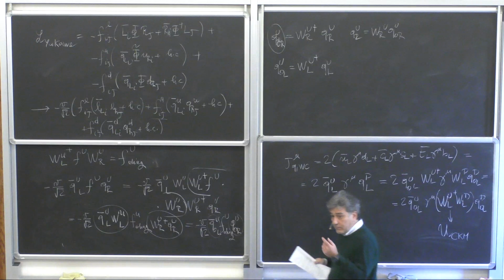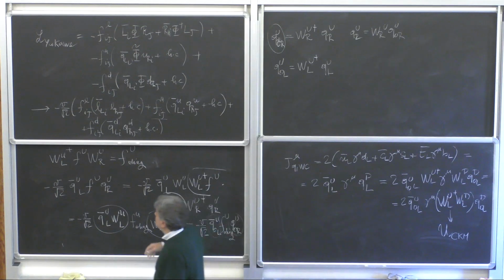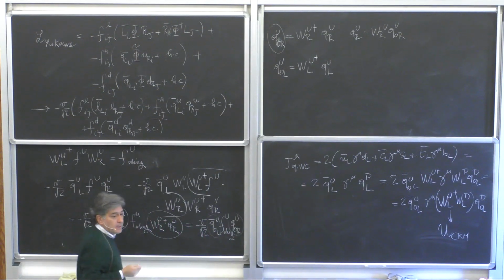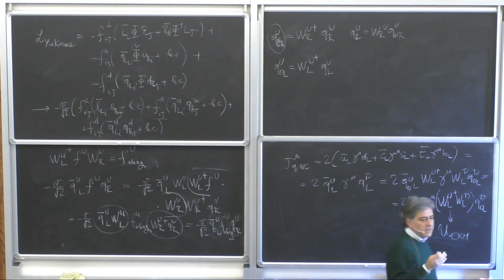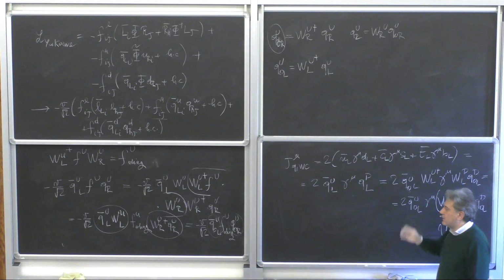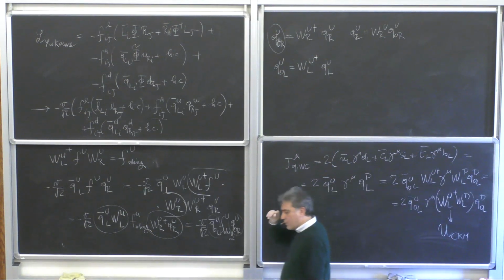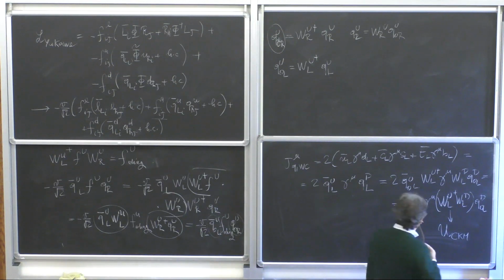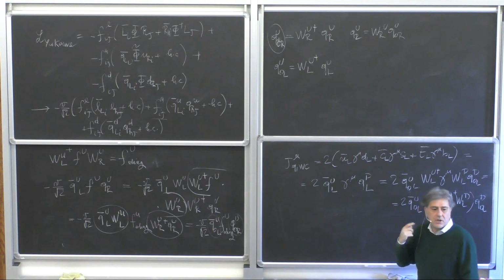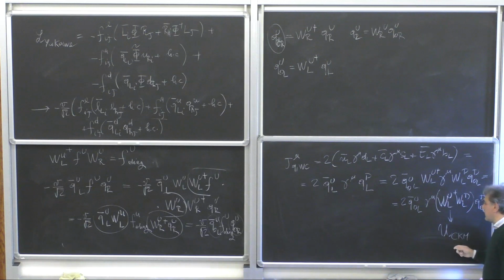So, from the general property that the Yukawa couplings need not be diagonal, with a lot of indices, I wrote some quite complicated things on the board, but you get simply that when you consider the charge current, there is a mixing matrix for quarks.